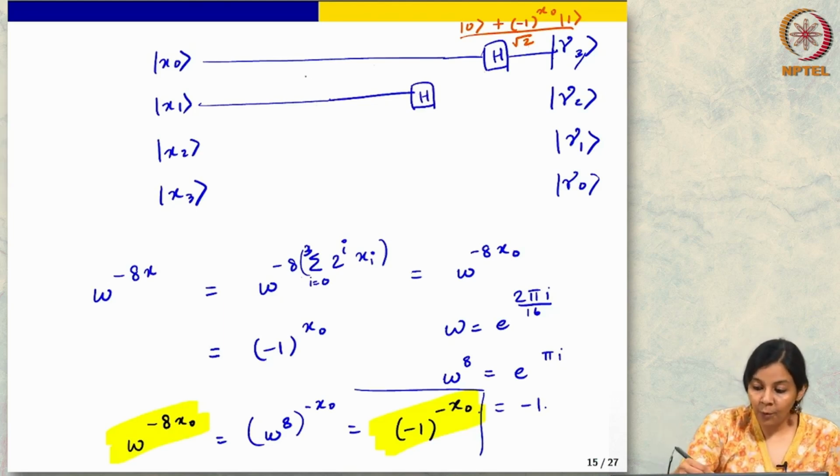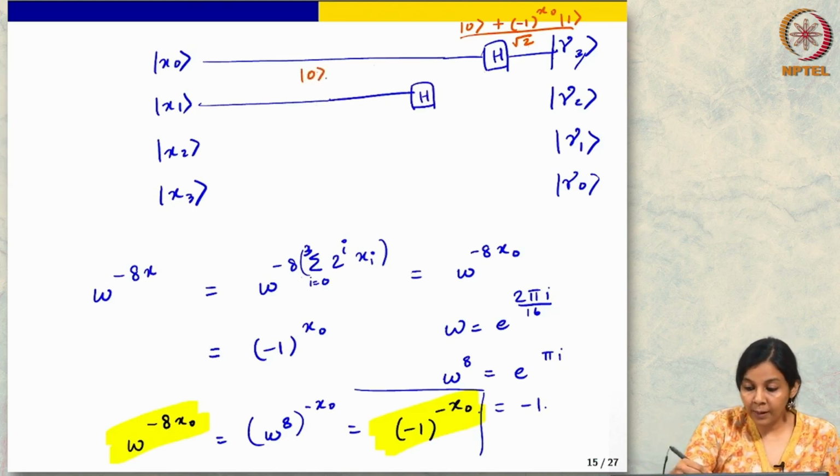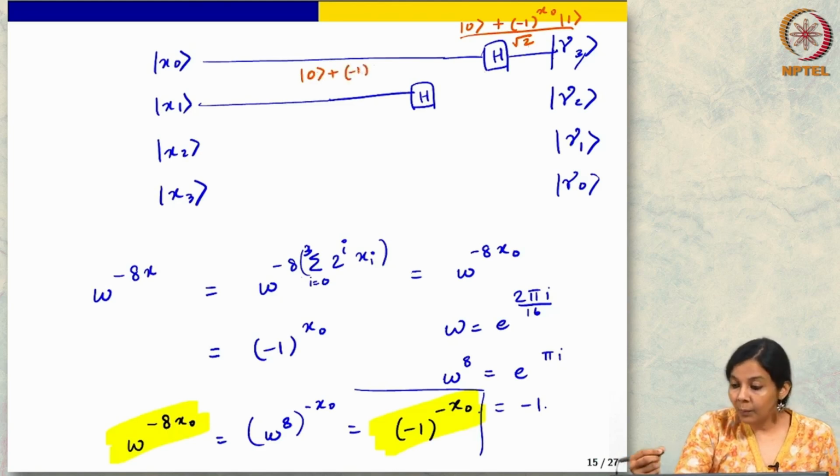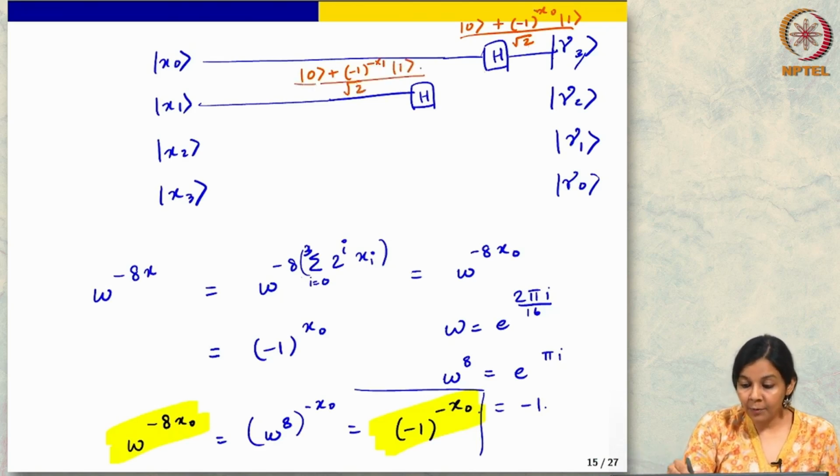As before, I am going to get 0 plus minus 1 to the minus x1 1 over root 2.